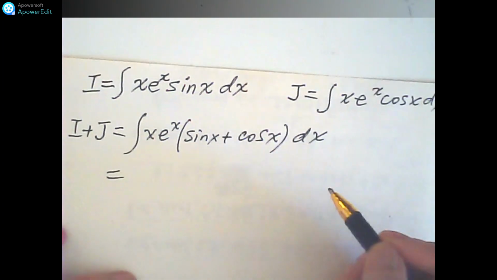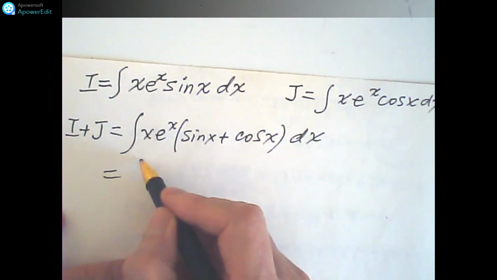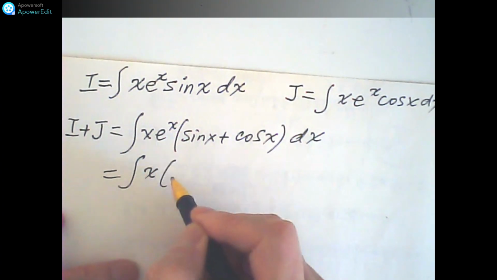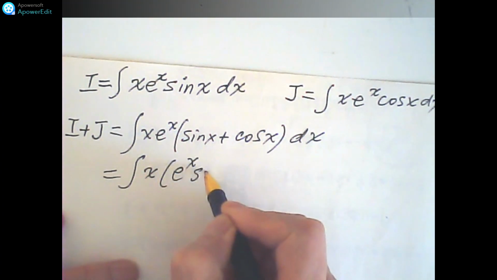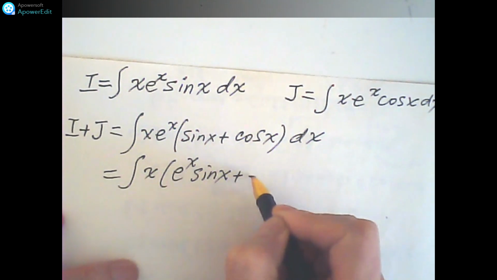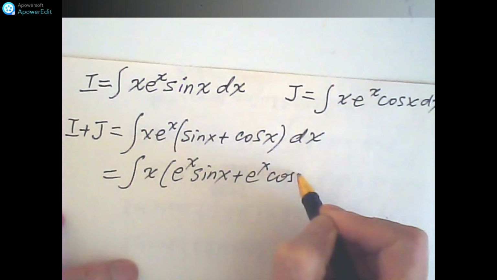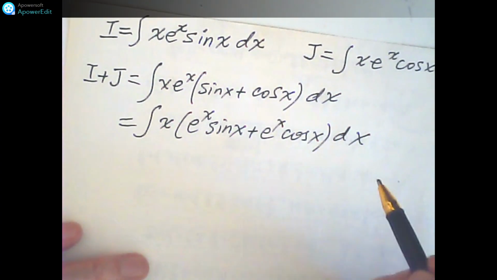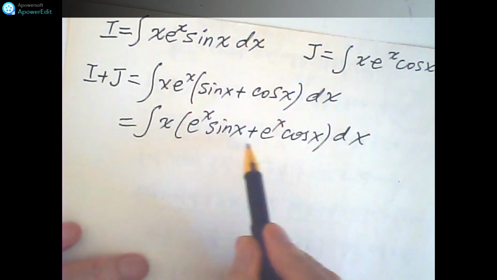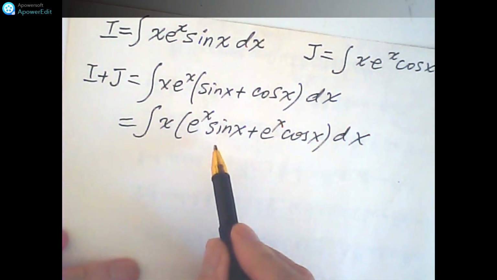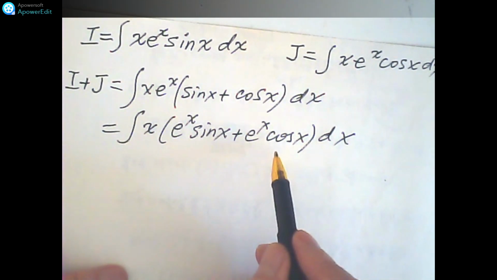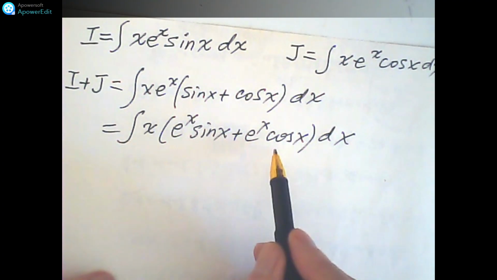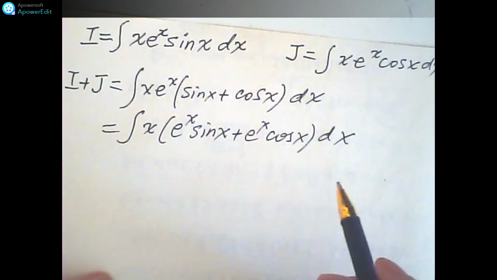So this integral is equal to the integral of x (e^x sine x plus e^x cosine x) dx. And this is the derivative of e to the x times sine x, the product rule.